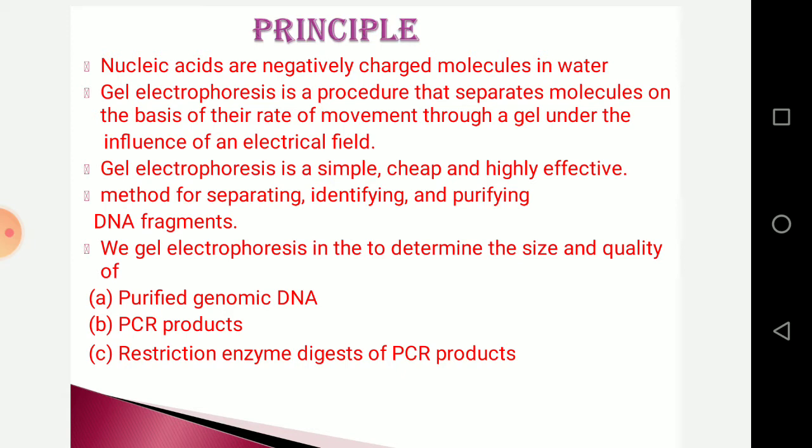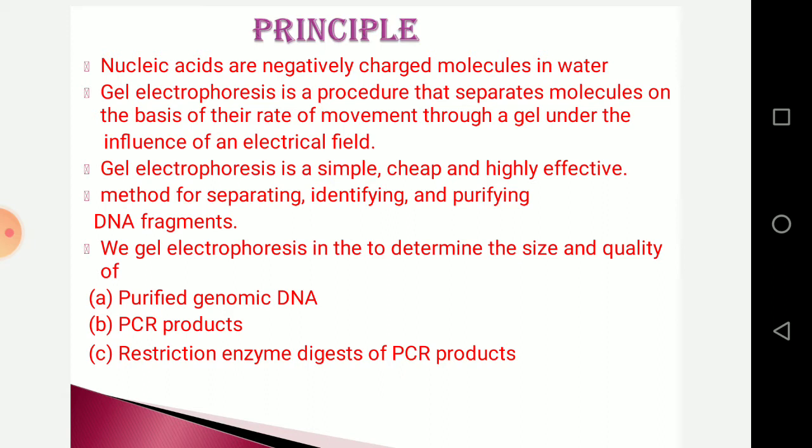So you must be imagining what is this gel electrophoresis. If we extract our DNA or genetic material from the cells, it is a very large fragment of the cell, and we cannot see entire DNA with one glance.